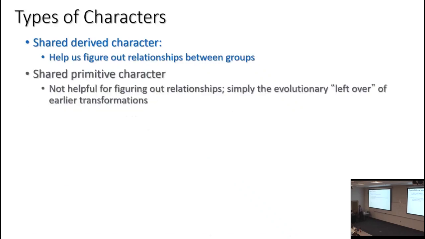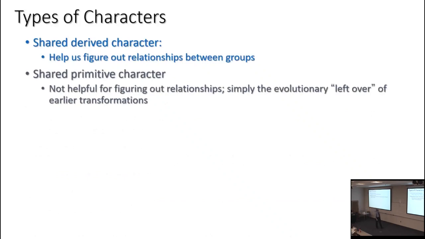So just to summarize these again, shared derived characters. We like them. They're great. They help us tease out evolutionary relationships. But we don't know in advance if the trait we're seeing is a shared derived character. Shared primitive characters are not helpful in figuring out relationships.